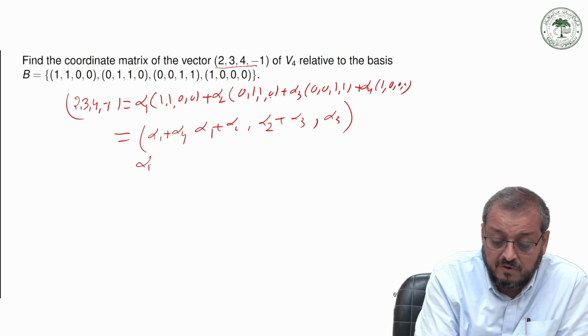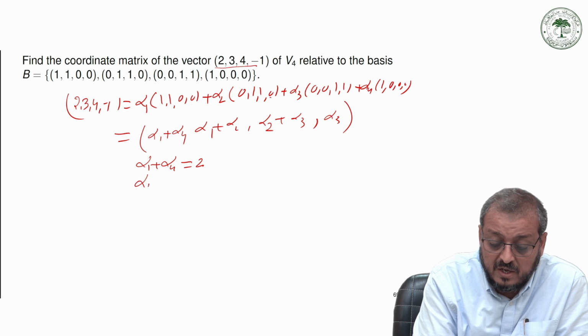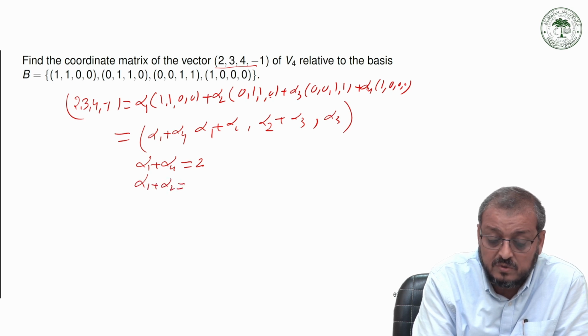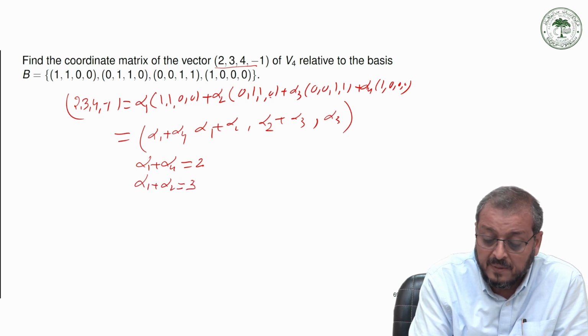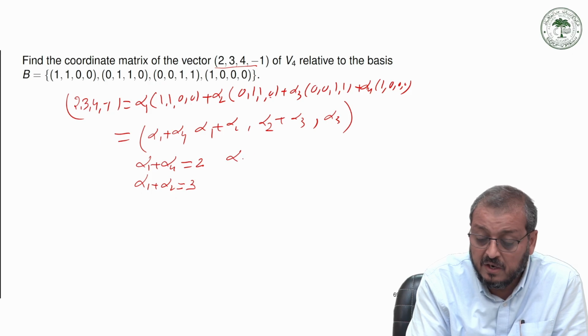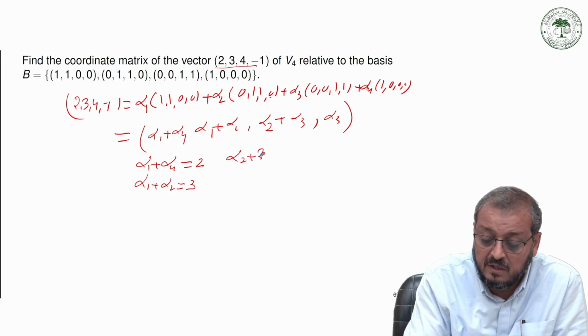So we write the equations: alpha 1 plus alpha 4 is equal to 2. Alpha 1 plus alpha 2 is equal to 3. Alpha 2 plus alpha 3 is equal to 4, and alpha 3 is equal to -1.